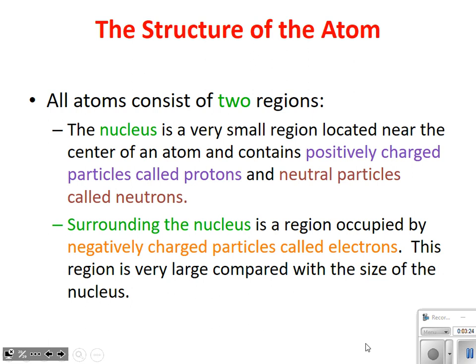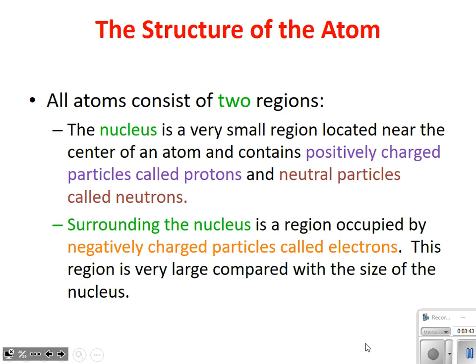There's an area surrounding the nucleus that is occupied with negatively charged particles that we call electrons. Who discovered the electron? J.J. Thomson.